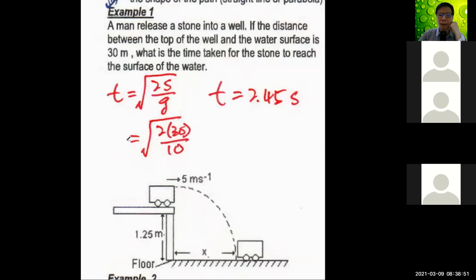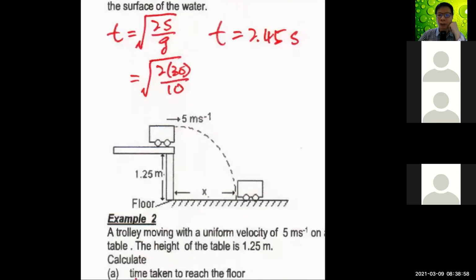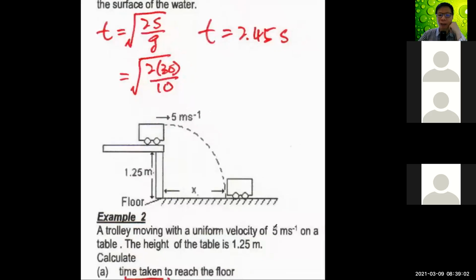Now we look at example 2. A trolley moving with uniform velocity 5 on a table. The trolley is moving like this, velocity is 5 meters per second. The height of the table is 1.25. The trolley will drop to the floor, following this parabolic path.